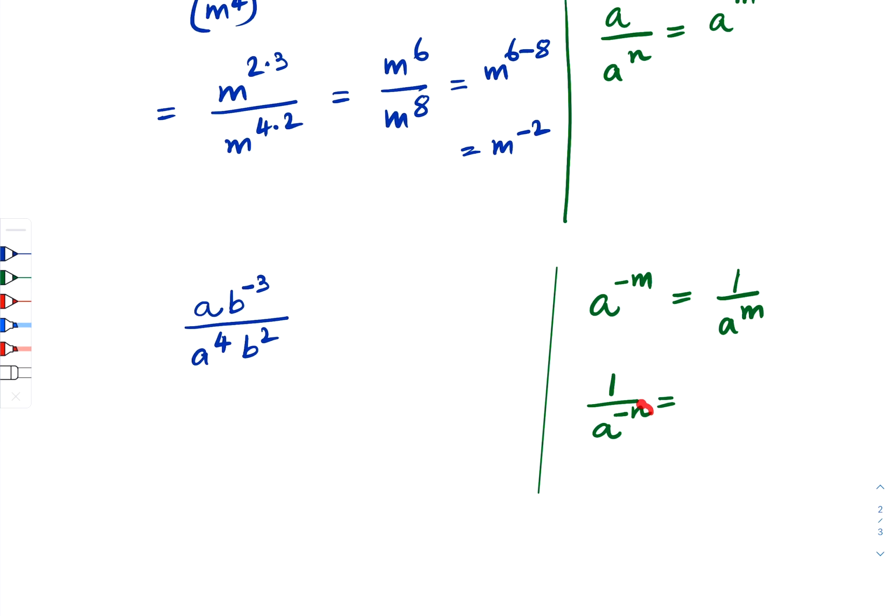If you take that entire term and put it in the numerator, then you get rid of the negative. So if you take a numerator and put it in the denominator, or take a denominator and put it in the numerator, then the sign of the power changes. So that becomes a raised to the n. We're going to apply that logic out here.